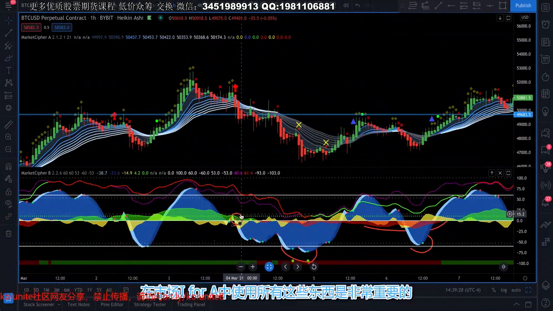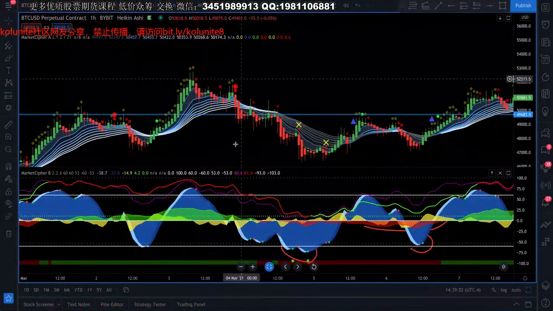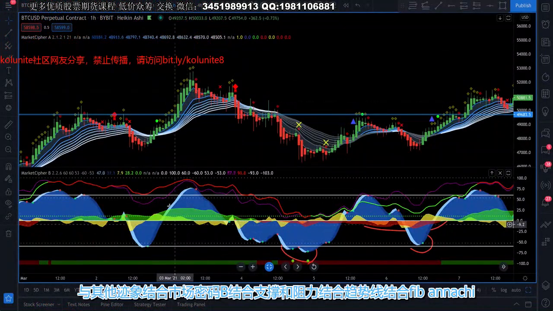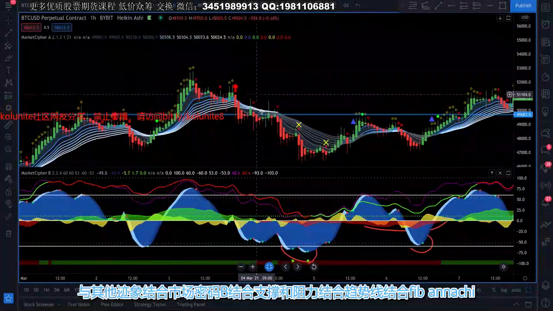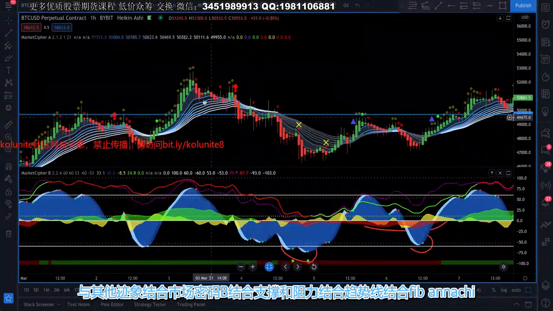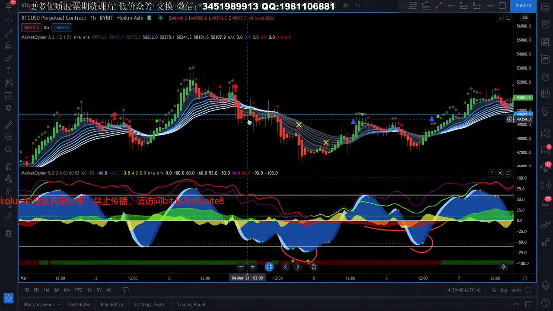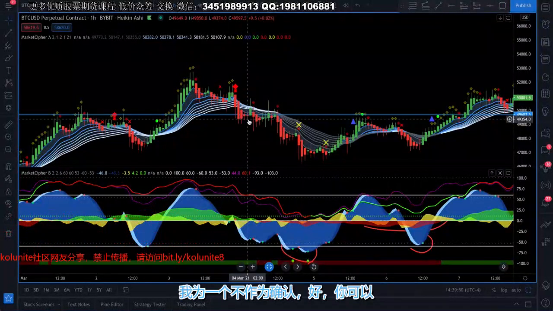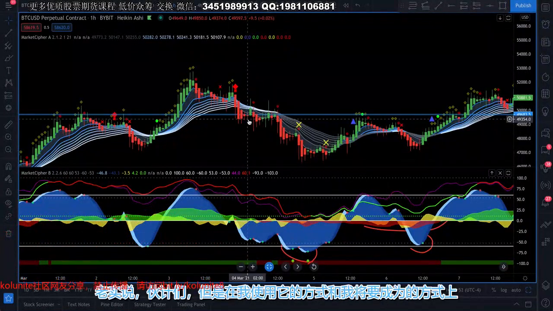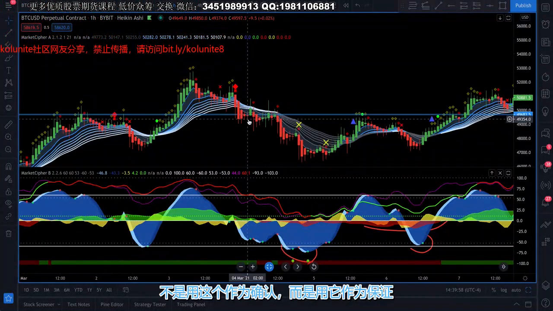Again, it's very important to use all these things on Market Cipher A in conjunction with other indications: Market Cipher B, support and resistance, trend lines, Fibonacci levels. Everything that we've been learning so far. You will look at Market Cipher A not as confirmation. Honestly, you can, guys, but in the way I use it and the way I'm going to be teaching it, it is not to use this as confirmation, but to use it as reassurance.